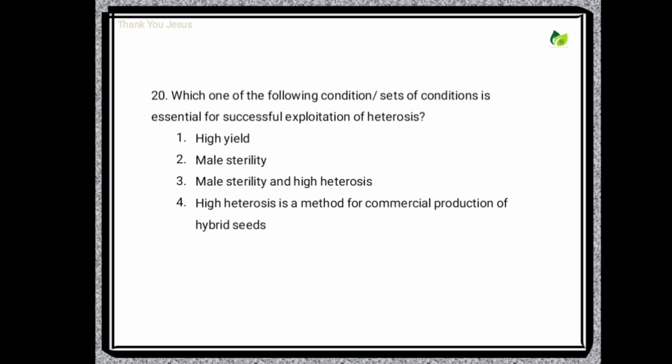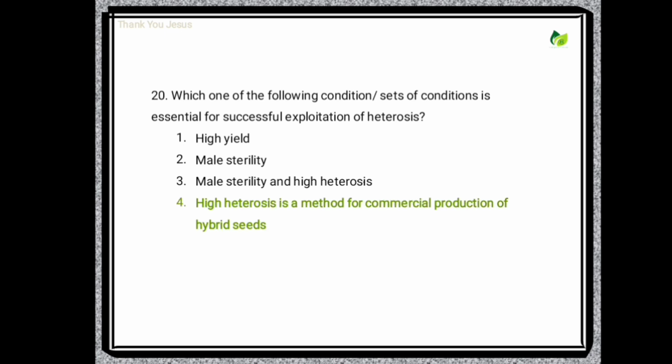Okay, next question. Which one of the following condition or sets of conditions is essential for successful exploitation of heterosis? Options are high yield, male sterility, and high heterosis, a method for commercial production of hybrid seeds. Here you have to remember heterosis is nothing but hybrid vigor.